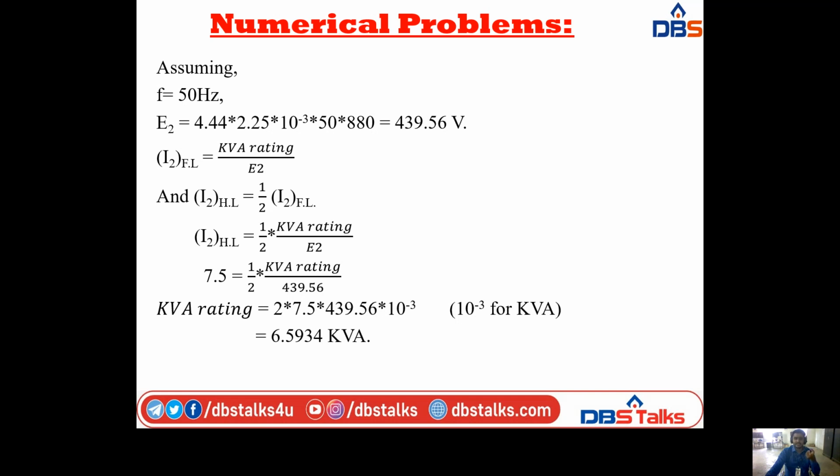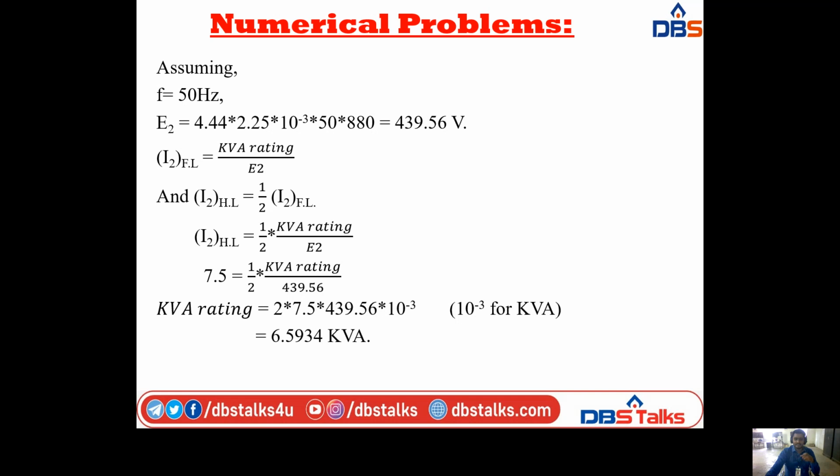So I2 half load is equal to half into I2 full load, that is kVA rating by E2. I2 half load is already given, so 7.5 is equal to 1 by 2 into kVA rating by 439.56, the E2 value we just calculated. So kVA rating is equal to 2 into 7.5 into 439.56 into 10 to the power of minus 3.